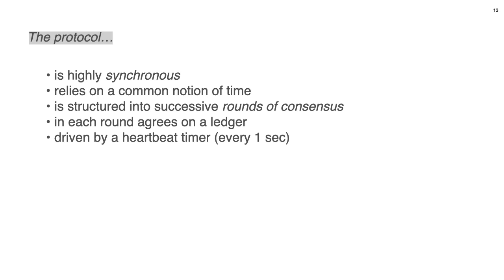The whole protocol is driven by a heartbeat timer which ticks every second. The protocol rounds and their phases are implemented by a state machine which is invoked every second when the global heartbeat timer ticks. And there are three phases through which consensus goes during one round.